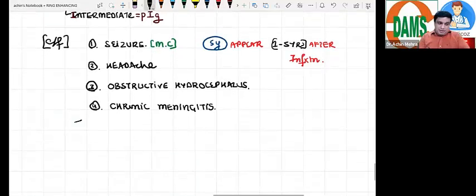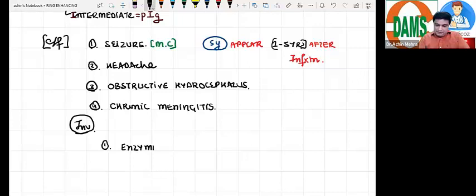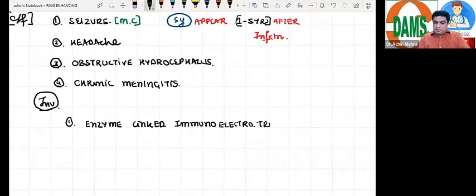So what investigations would I like to order apart from the MRI? There's a special blood assay known as enzyme linked immunoelectrotransfer blot, such a big name.